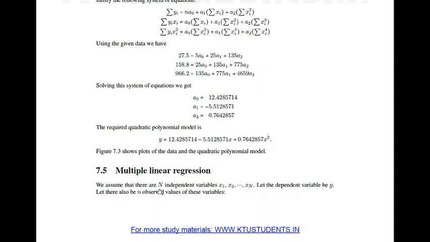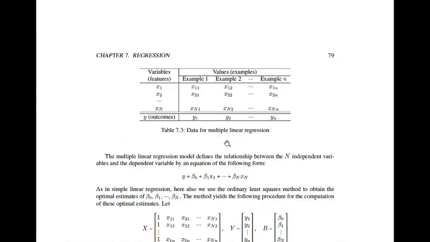Here in the model, we assume that there are n independent variables. Just label them as x1, x2, etc., xn. Then the dependent variable, as usual, is y. Then for each instance, there are n independent variables x1 to xn, and the response is actually y. The response is the prediction, that is the outcome, and the independent variables may be the features.